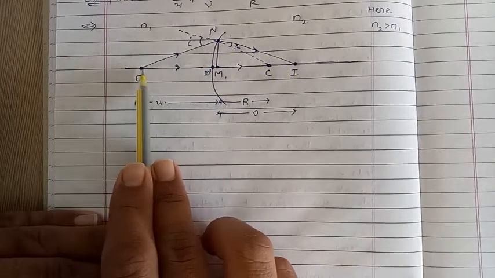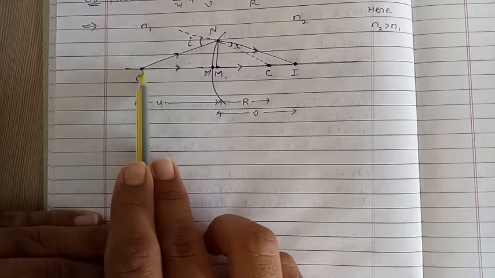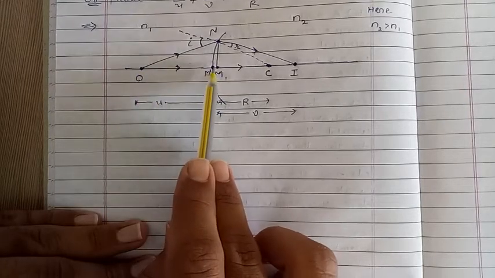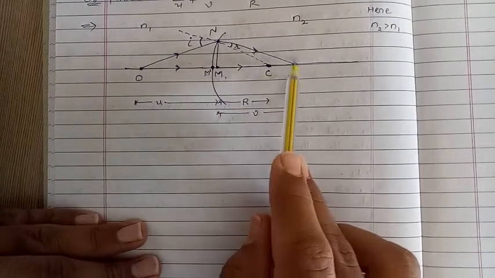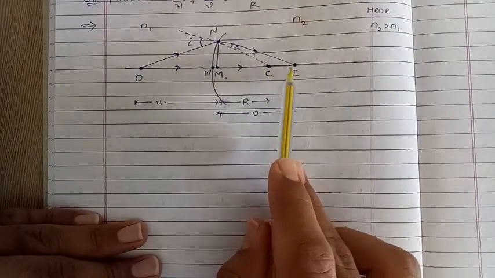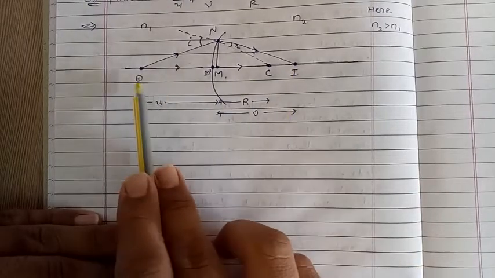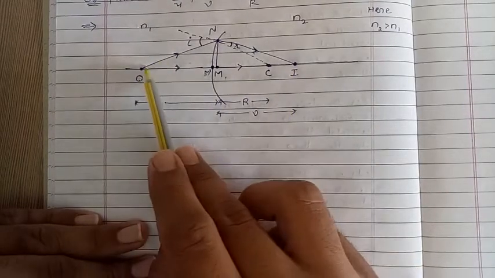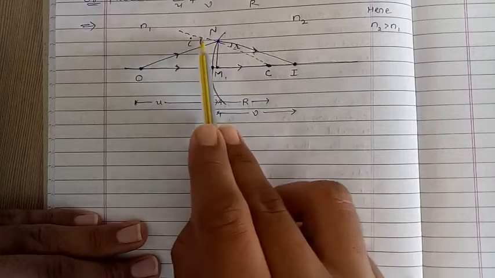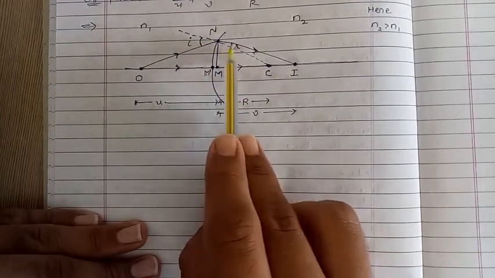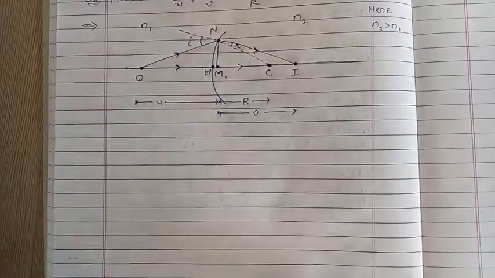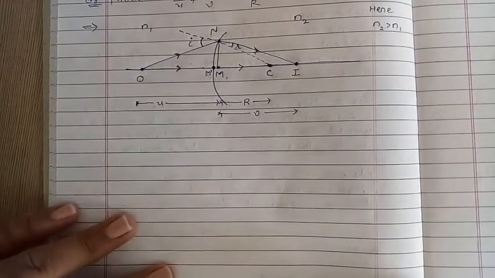And we take another ray from object O incident at point M. So this ray passes like this. So these two rays meet at this point. So here this is an image of object O. Here this is the incident ray and normal, so this angle is angle of incidence. Refracted ray and normal, so this is angle of refraction, right?